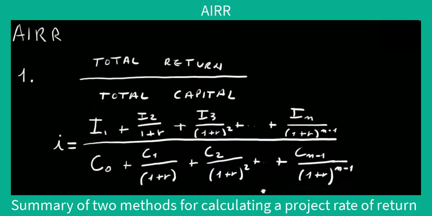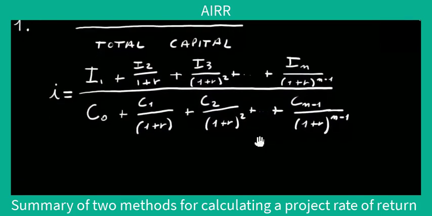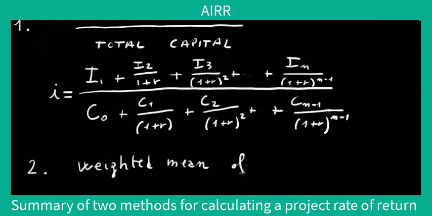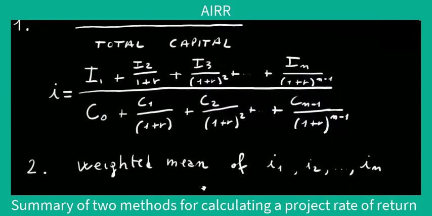Then we have shown that the average internal rate of return can also be computed as a weighted mean of the holding period rates, which we denote as I1, I2, and so on, where the weights are given by the capitals invested.